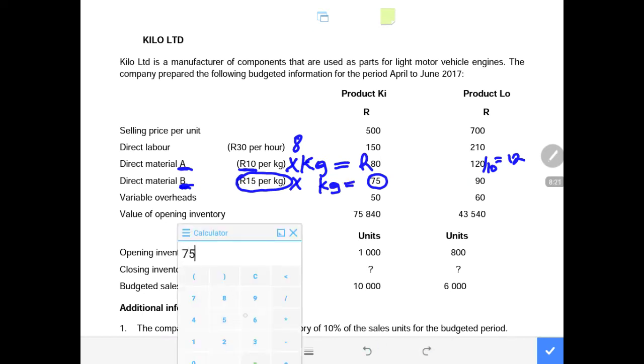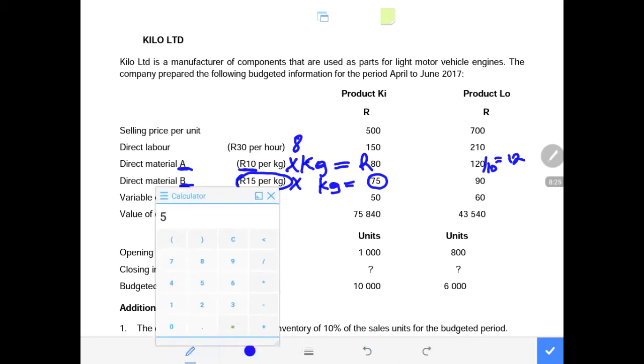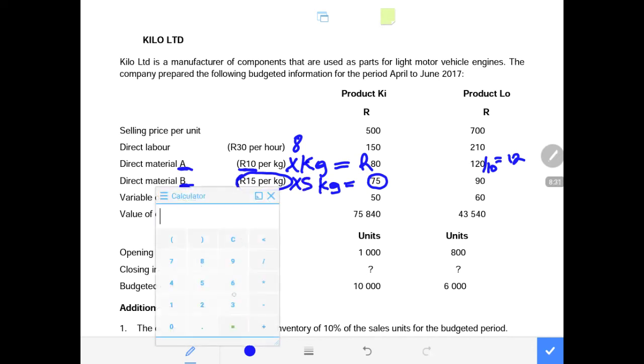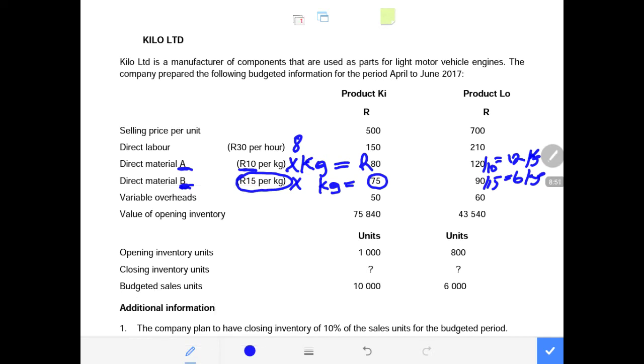Then again 75 divided by 15 equals 5, meaning here we require 5 kgs, and for the second product 90 divided by 15, here we require 6 kgs. So it is 6 kgs that are needed, and here 12 kgs and 8 kgs previously.